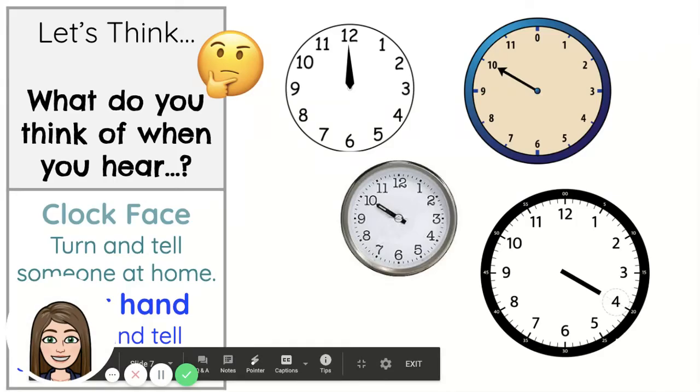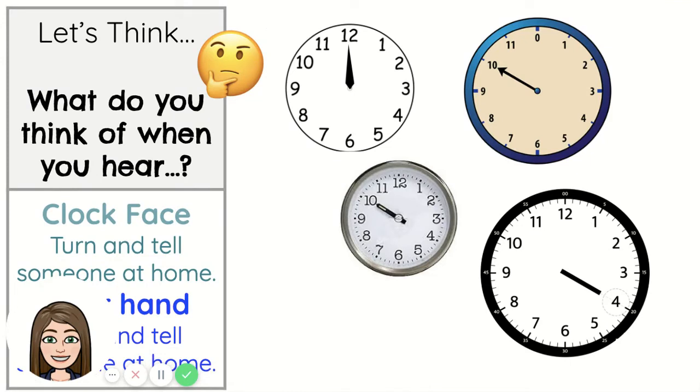Okay, so I have something that I want you to think about. What do you think of when you hear clock face? Turn and tell someone at home. If you said the part of the clock that has numbers and moving hands, you are correct. Yay!